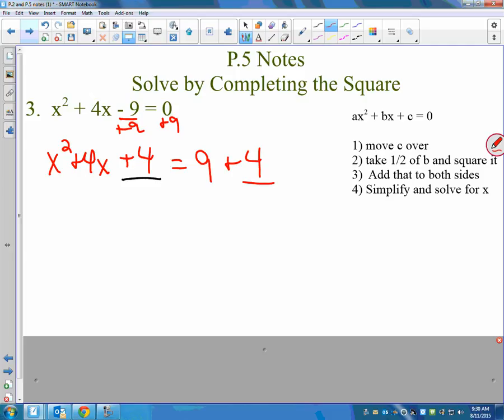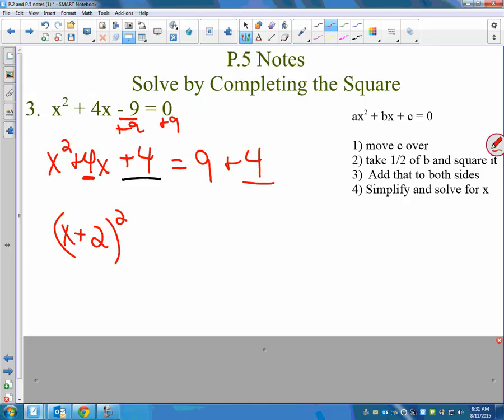So completing the square means that we've now made this a perfect square trinomial, which means we should be able to factor that into something squared. And if you're not sure what it is, you could actually just factor it. But it's always whatever half of that middle number is. So half of 4, that should factor into x plus 2 squared.